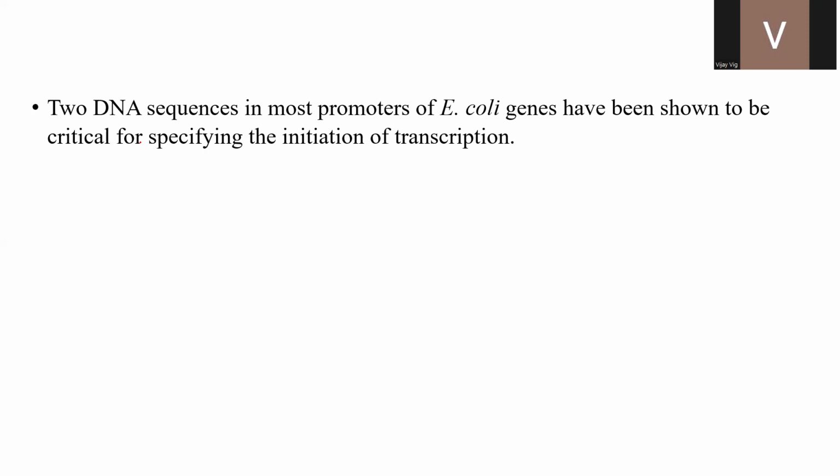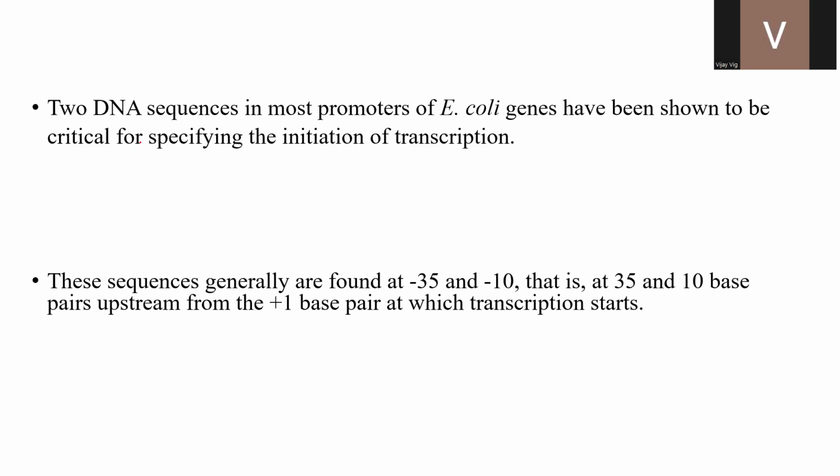In E. coli genes, most of the promoters have two DNA sequences, and these are critical and play a very important role in the initiation of transcription. These sequences are found at -35 and -10. When we say -35 and -10, it means 35 and 10 nucleotides upstream or before +1. So these nucleotides are in the promoter, and that's why they have negative numbers.